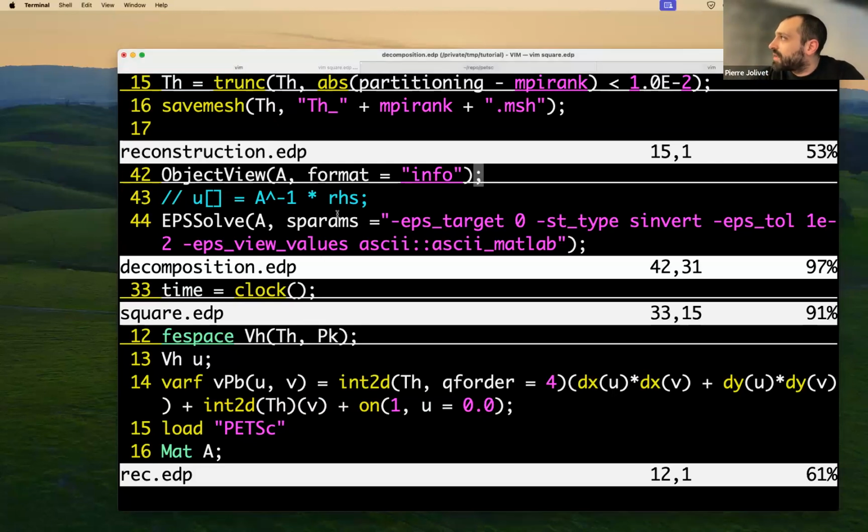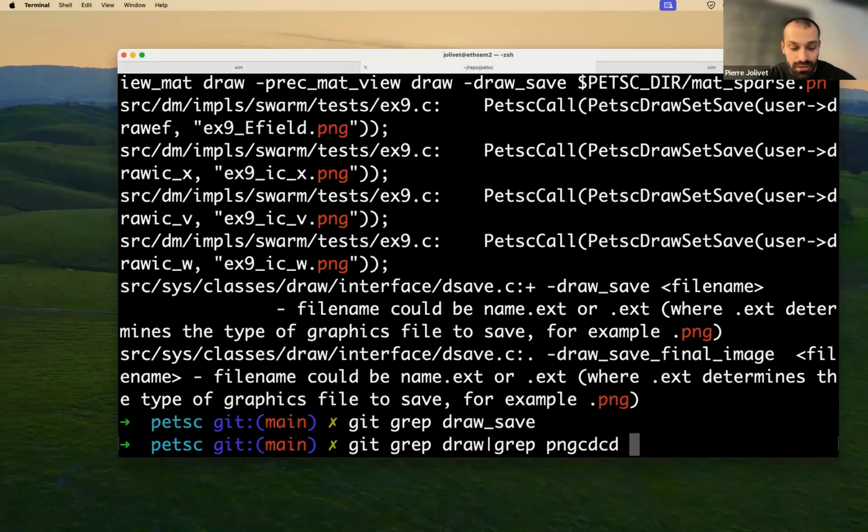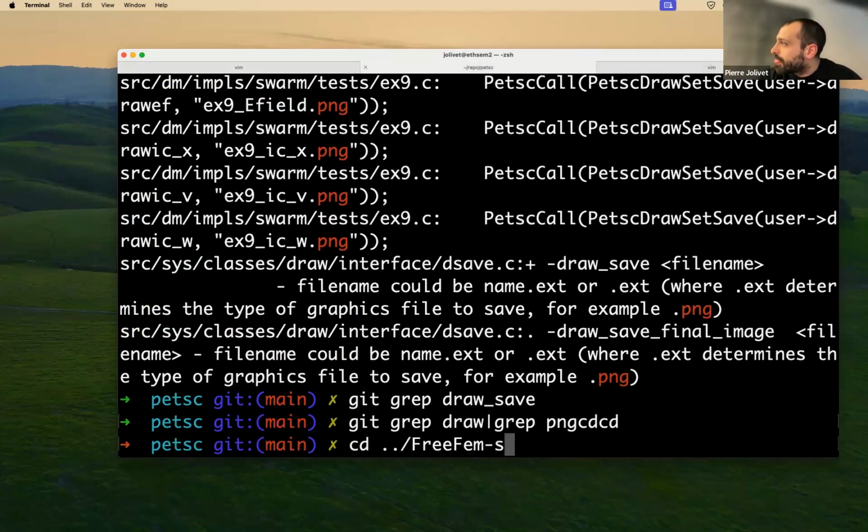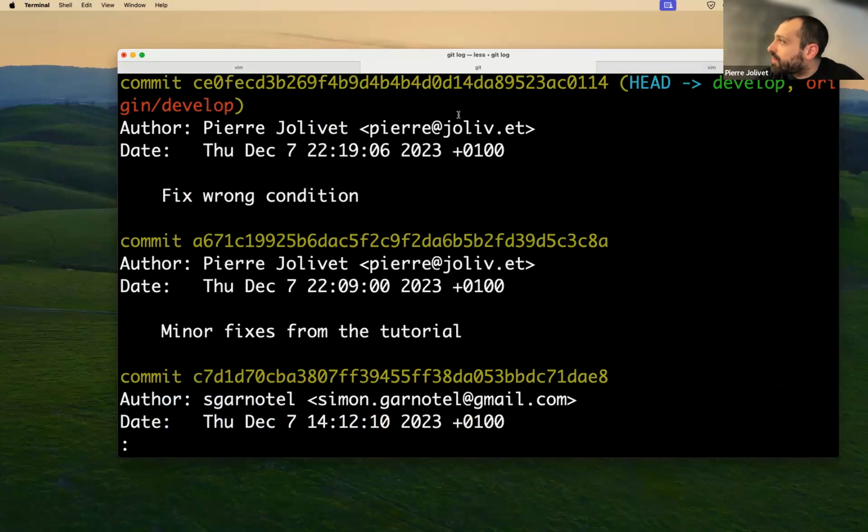So yesterday we encountered two issues. The first one was that we were not able to use Scotch with a single process. And so I fixed the code in a recent commit.